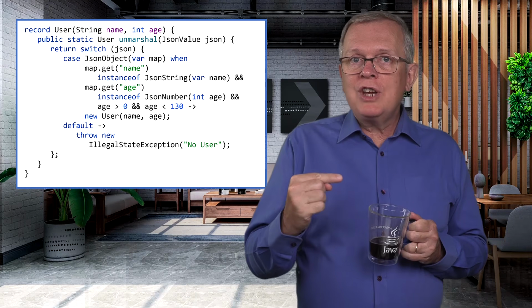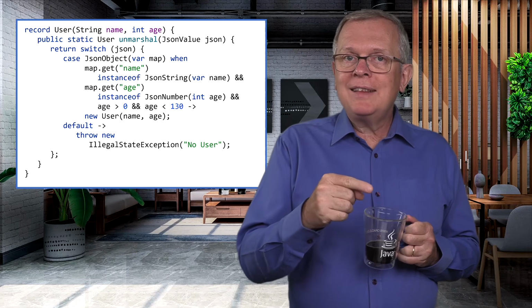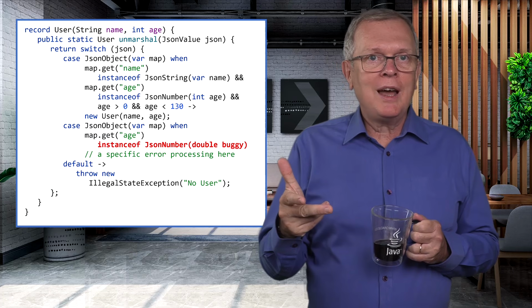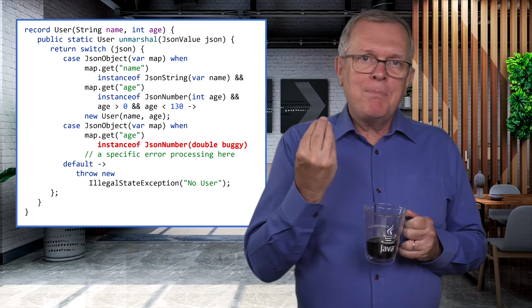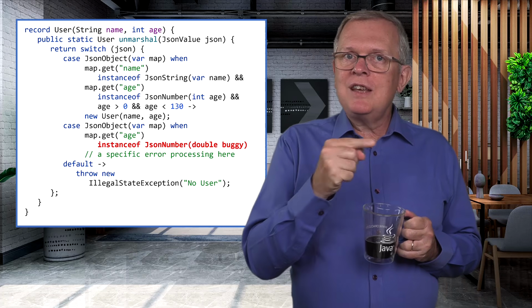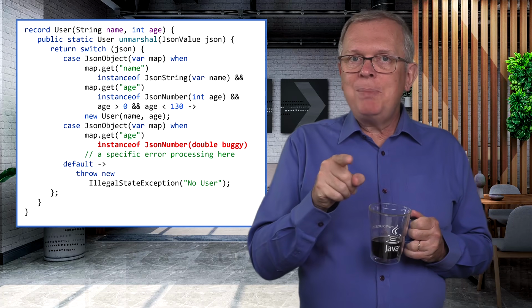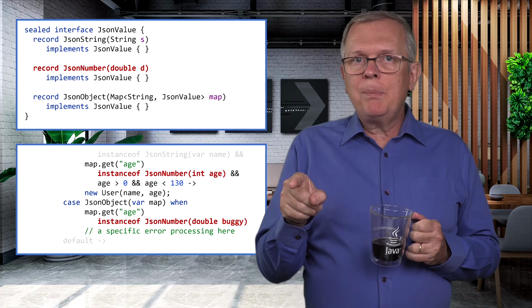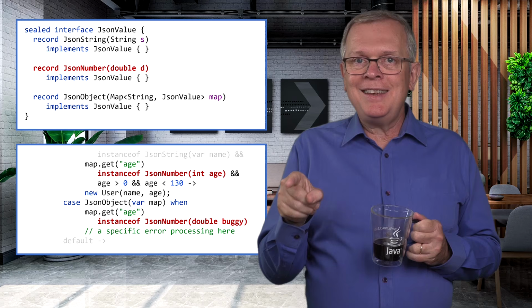But you could also check for this JSON number that could not be converted to an int and see what happened. The important point here is that the JSON number record is built on a component that is a double, and you match it to a record pattern that declares an int.